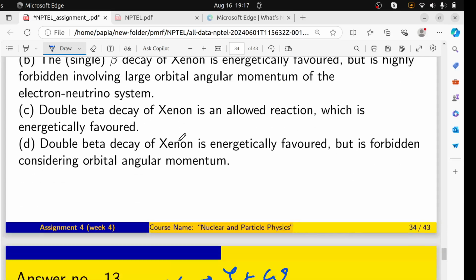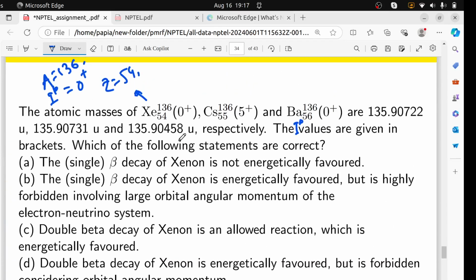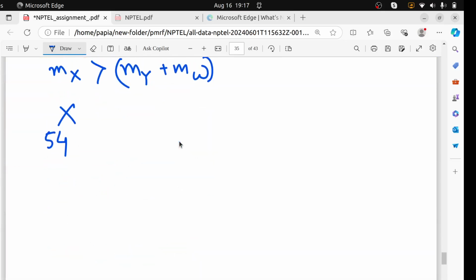So if xenon is going to do the beta decay, xenon has Z equal to 54. If it will undergo beta minus decay, the Z value of this particle, whatever it will be, that should be 55, because my beta minus is nothing but minus 1, 0.